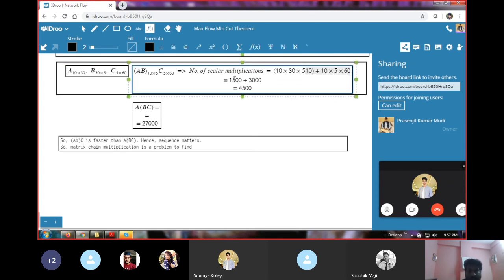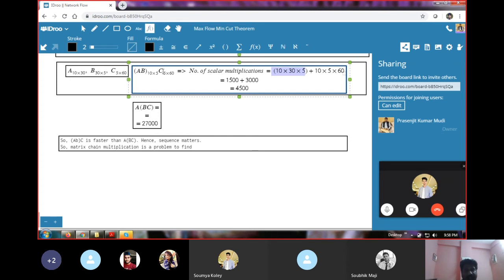So first, while multiplying A and B, A has dimension 10 cross 30, B has dimension 30 cross 5. So the total number of scalar multiplications is 10 into 30 into 5. If I compute the product AB, it will have dimension 10 cross 5.